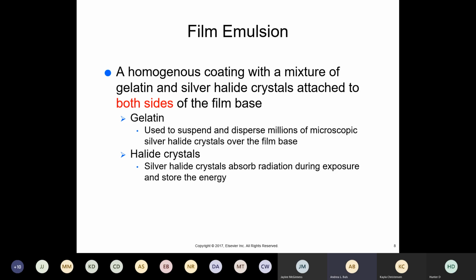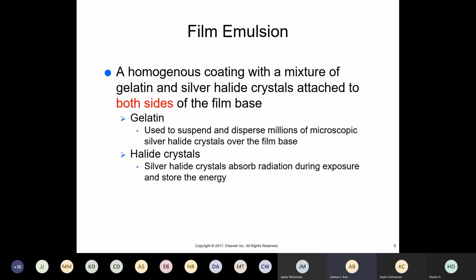And then the film emulsion. I don't know if you guys have ever had this, you might be too young, but when we would go to picnics with my grandparents, people would take Jell-O and put fruit floating in the Jell-O. And to me, that is what I picture with film emulsion.